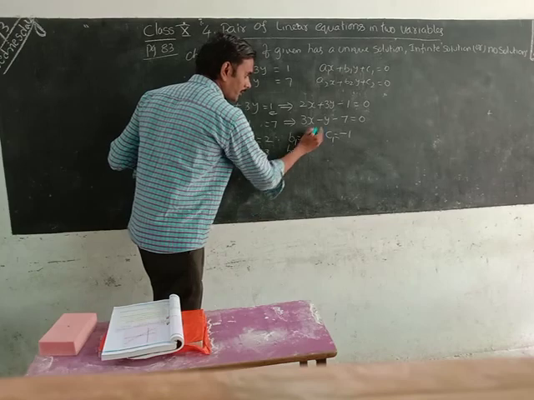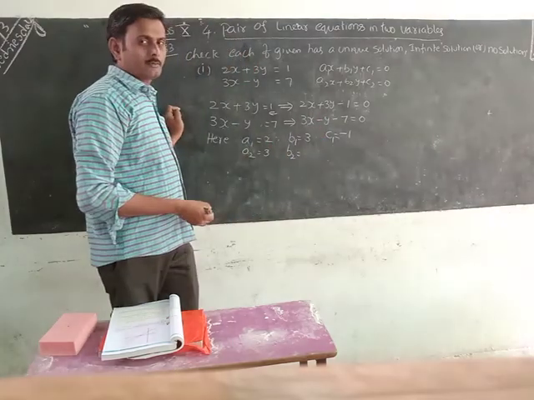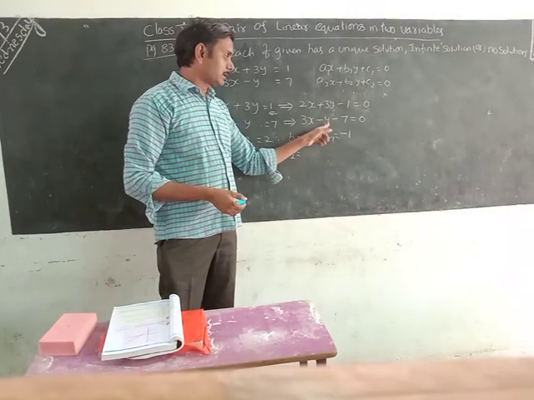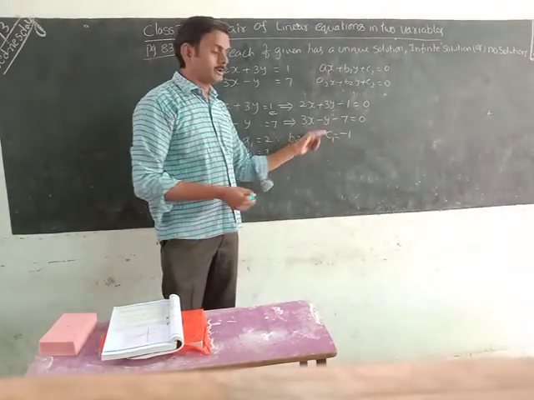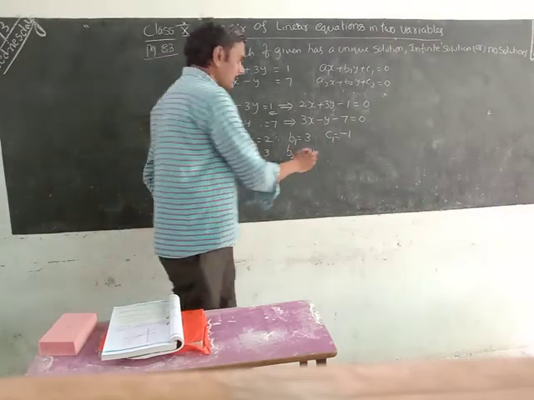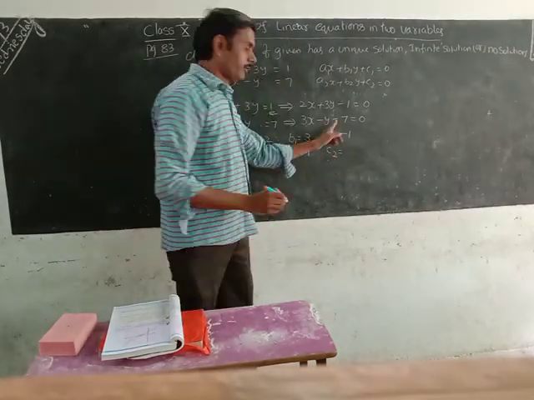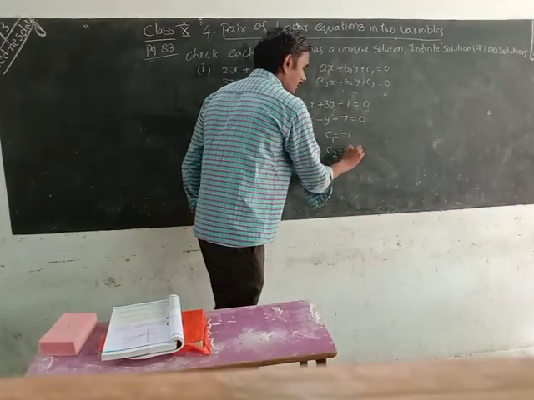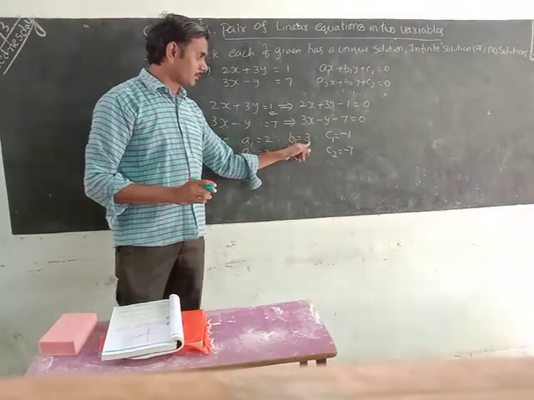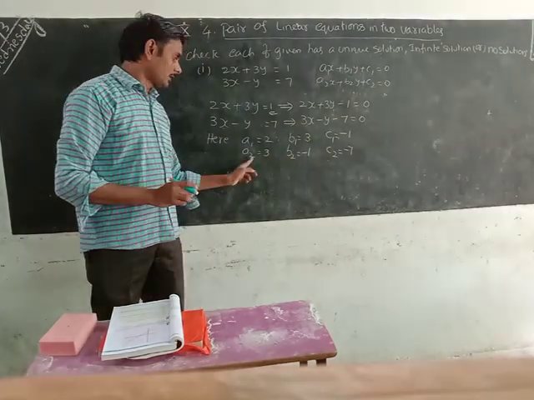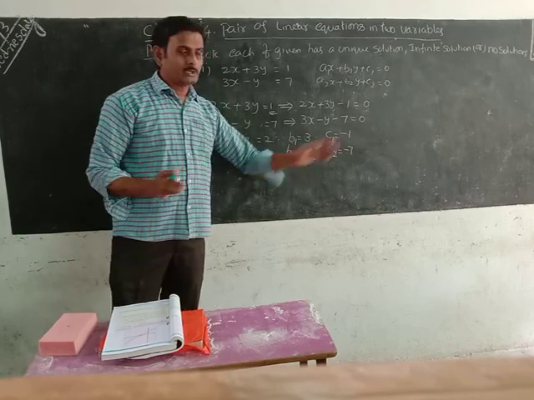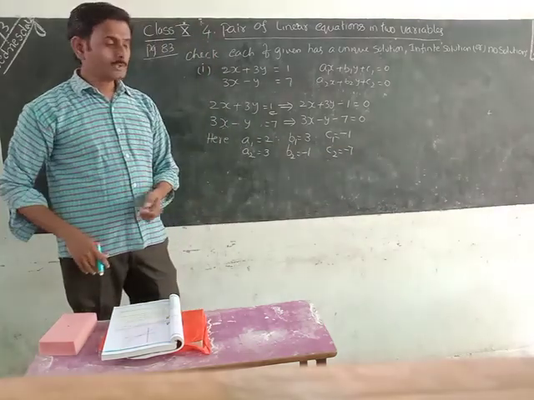For b2, minus y is there with no number before y, which means 1, with the symbol, so minus 1. c2 equal to minus 7. So a1 equal to 2, b1 equal to 3, c1 equal to minus 1; a2 equal to 3, b2 equal to minus 1, c2 equal to minus 7.